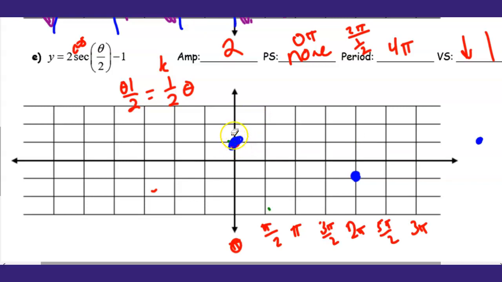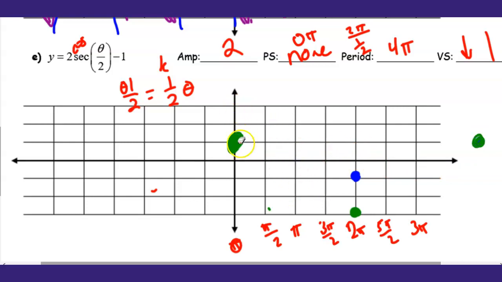So this is 1. 1 times 2 is 2. And then I move it down 1. Yes? This point right here, negative 1 times 2 is negative 2, and then we move it down 1. So that point's there now. And then this point right here, we multiply by 2 and then move down 1. So it's back right there. So there's our new points.